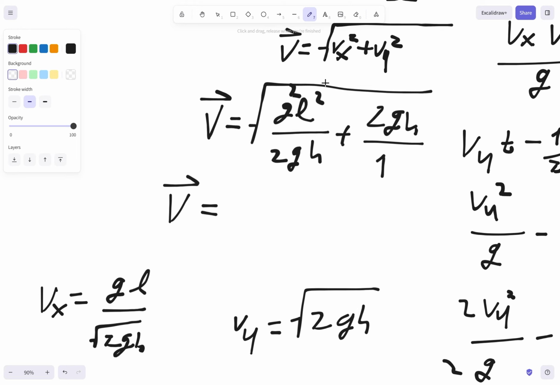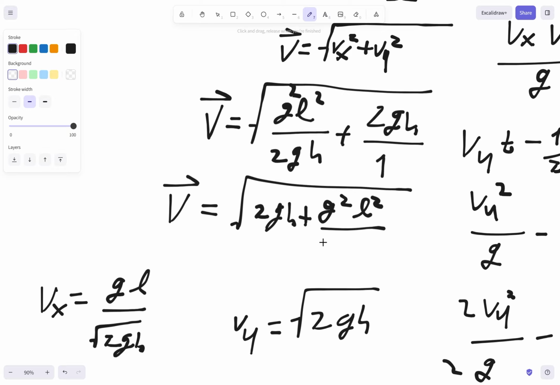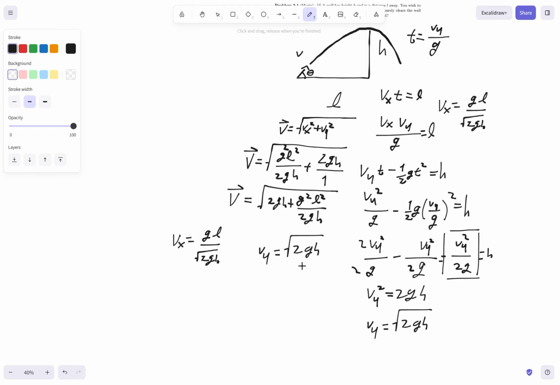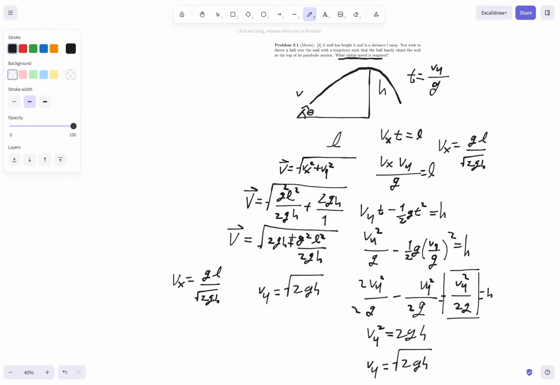No, I'm just gonna leave it like that. So the speed is square root of 2gh plus g squared L squared all over 2gh. Okay, that's the solution. Yeah, that should be it.